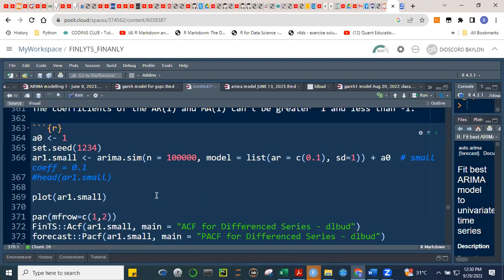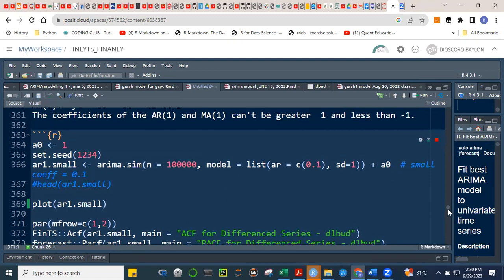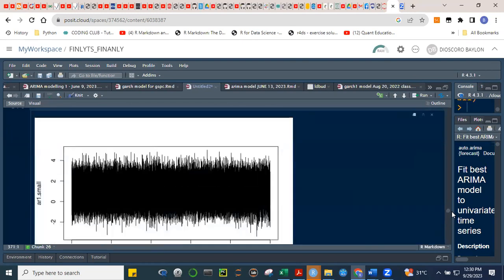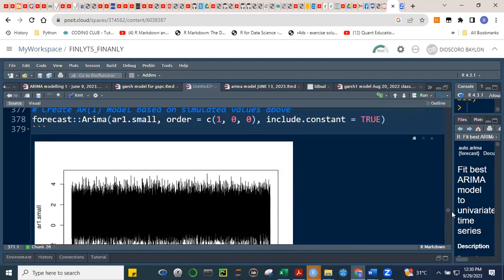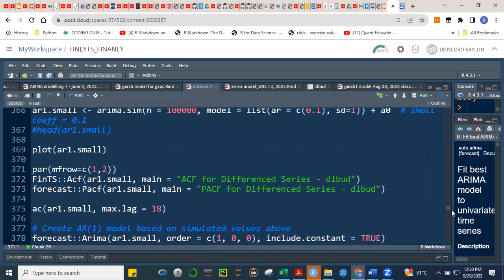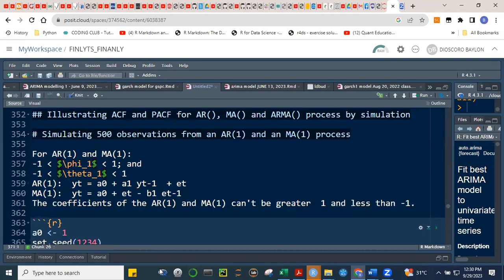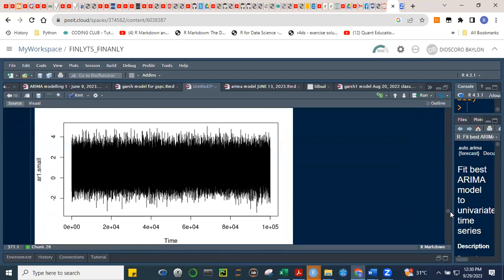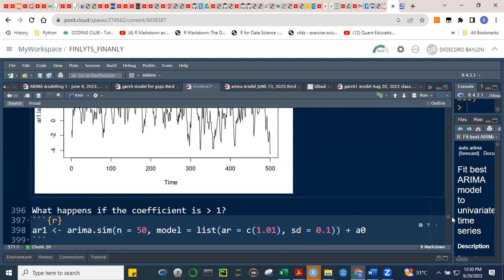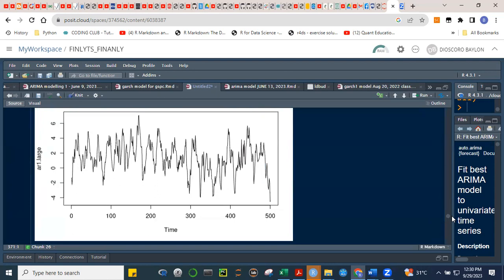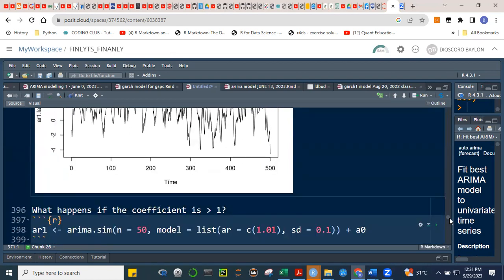Ito, no? Plot AR1 small. Control enter. Makikita niyo yung variance niya. Ito, 4, -2, as compared to this one, umaabot ng even 6. So mas malaki yung spike nitong pag malaki yung phi1 natin.